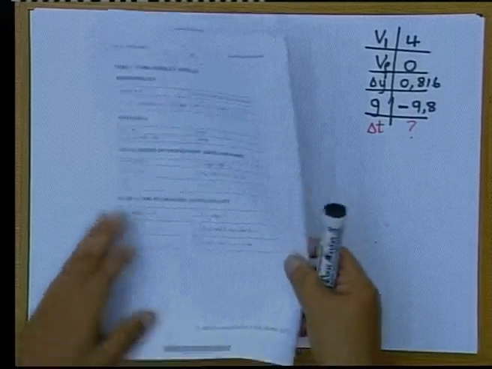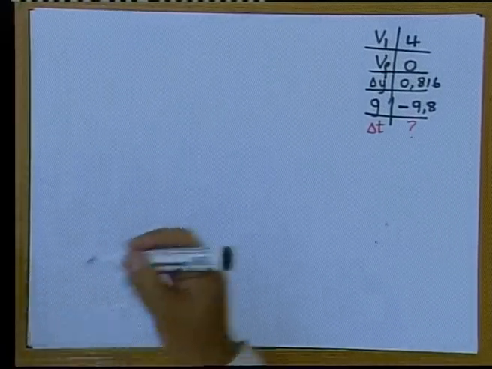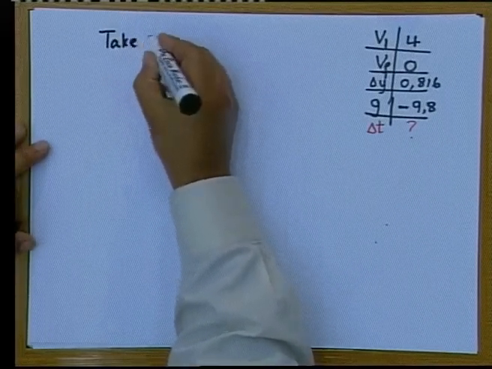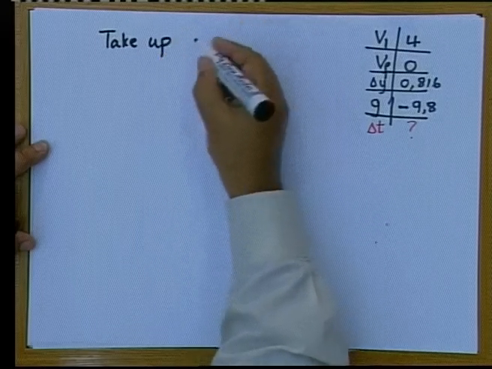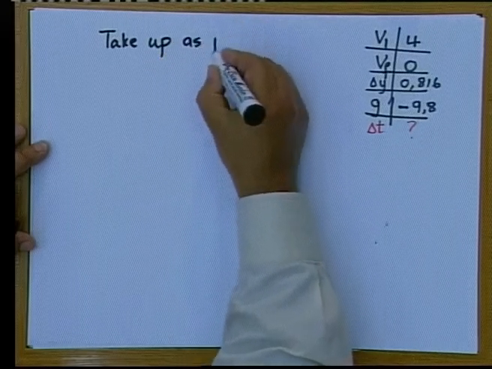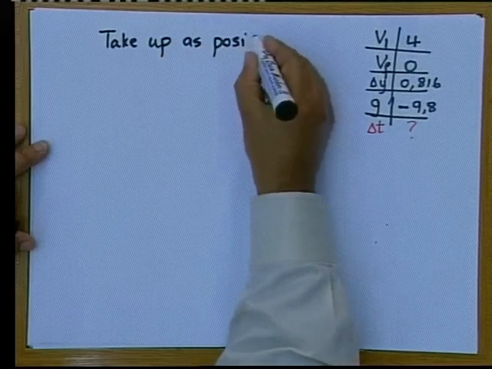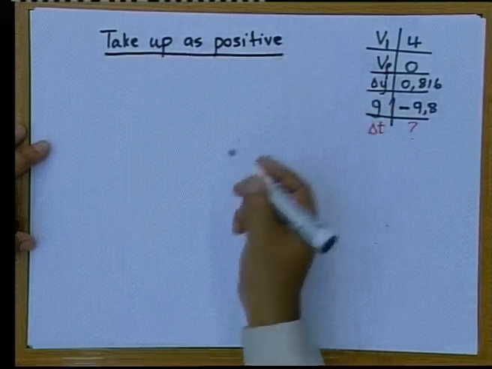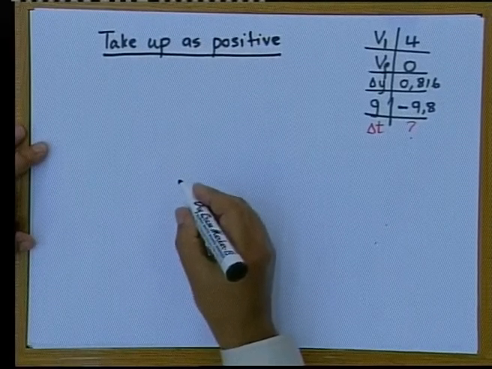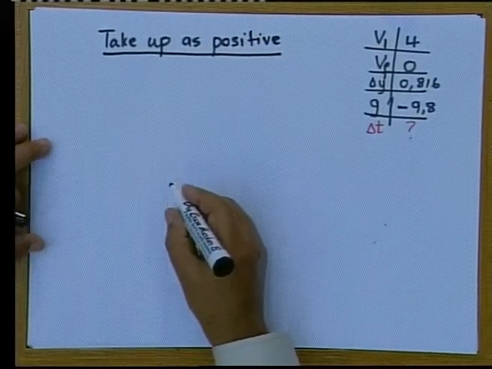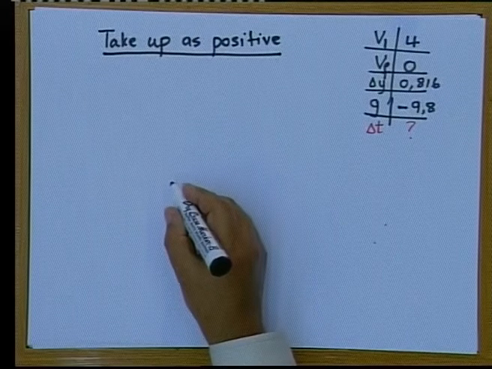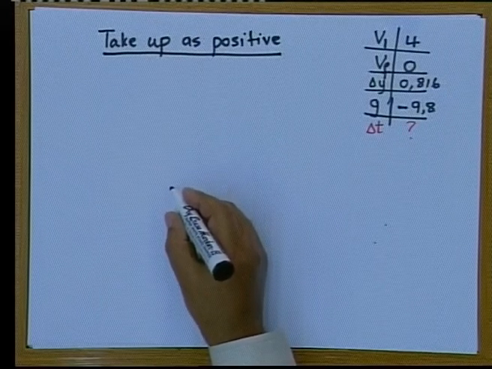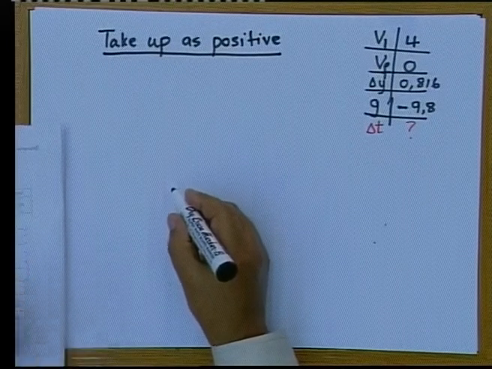Once again, remember, I have to write down: take up, if you want to, as positive. And I underline that so that the person who marks the work can see my sign convention. And then I ask myself, what is the formula? And I copy it directly from my data sheet.